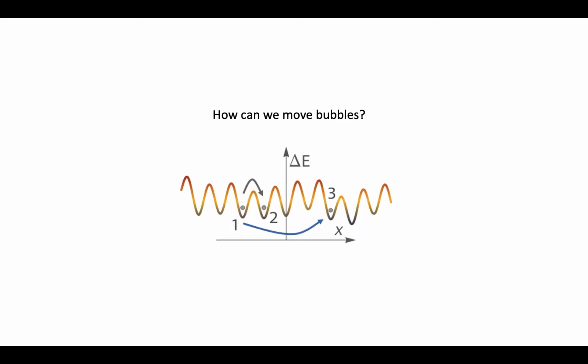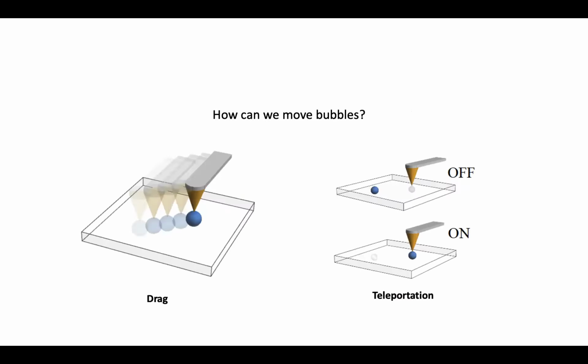Now, we saw spontaneous motion of those bubbles and spontaneous hopping, as well as creation and annihilation. But what about doing it on purpose, artificially? Obviously for this, from what I explained before, we envision two types of possibilities.